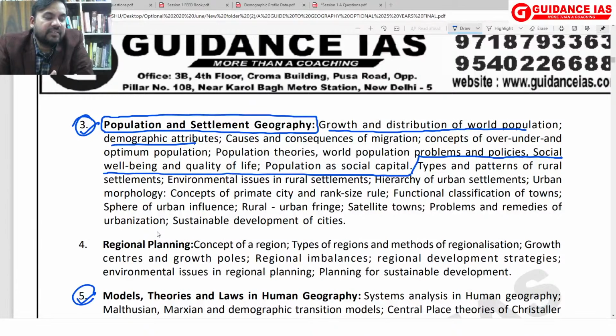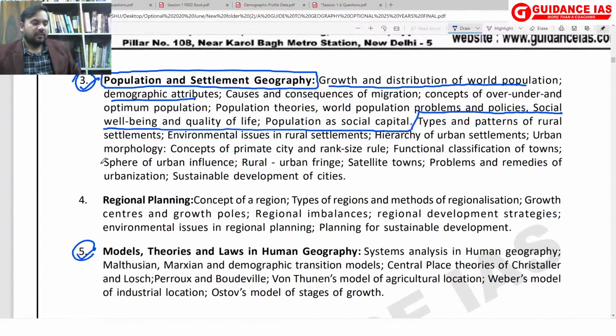Yes, obviously yes. Then there is one topic, population as social capital. Can I say this can be an instrument to achieve the objectives of population policy? Yes, it should be an instrument to achieve the objectives of population policy.